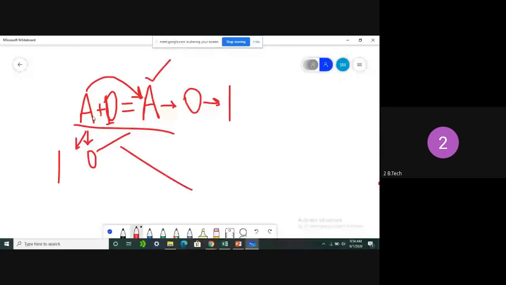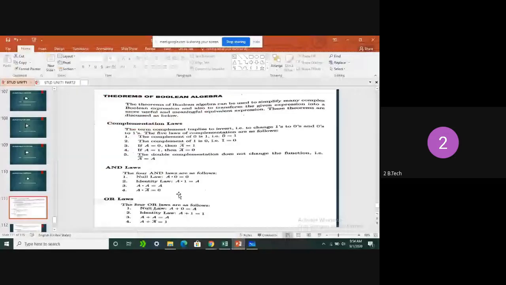The next formula with OR gate is very important: A plus 1 is always 1. Plus in the sense OR operation, not addition. We need to remember that in Boolean algebra. A plus 1 equals 1. Why?